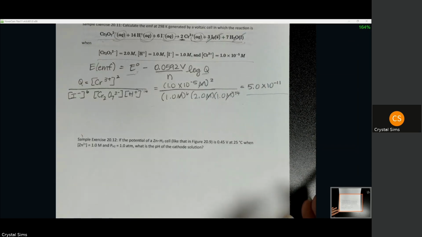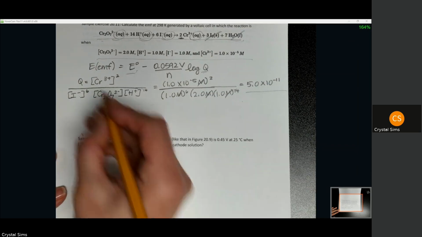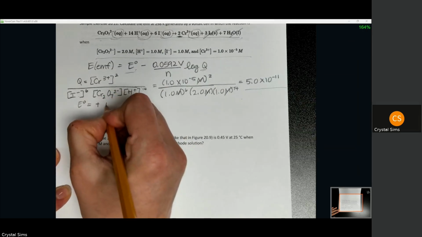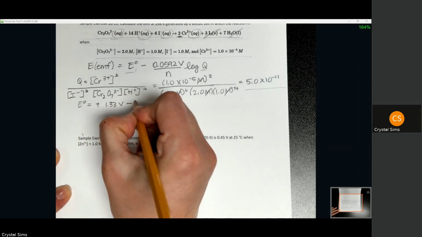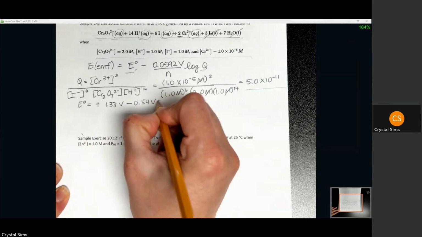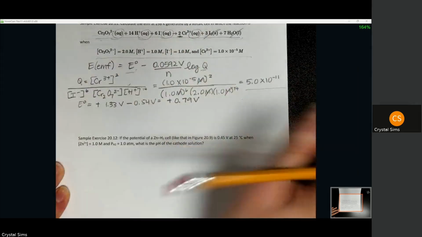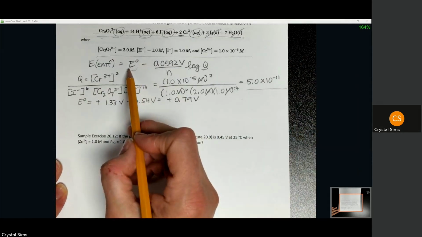And we said that the chromate was reduced and the iodine was oxidized. So when I plug that into my cell potential formula, I get plus 1.33 minus 0.54, and that gives me plus 0.79 volts. So now I have my cell potential.